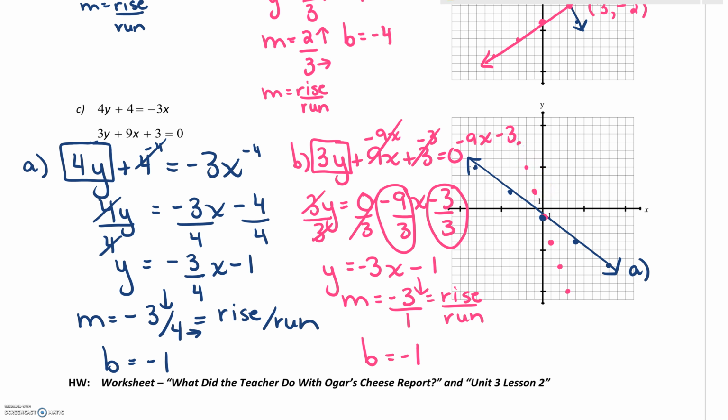So when you do that, you get a nice line that crosses, in this case, on the y-intercept. And the y-intercept here is 0, negative 1. So there's only one y-intercept, but two different lines. And the y-intercept is 0, negative 1.